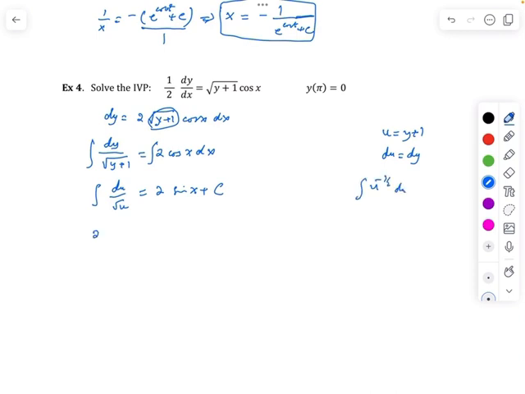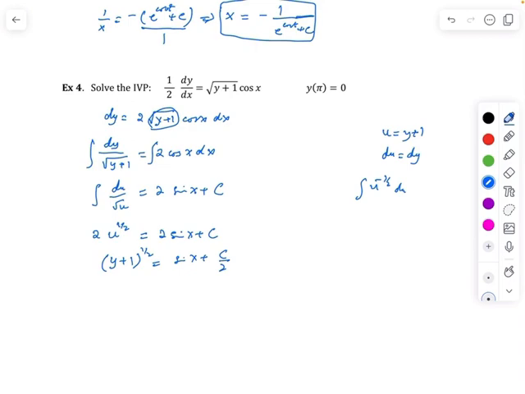So when you integrate, this will give you 2 times u to the 1/2 equal to 2 sine x plus c. Plug back the u value and divide by 2. So you get y plus 1 raised to 1/2 equal to sine of x plus c over 2, because we divided by 2.